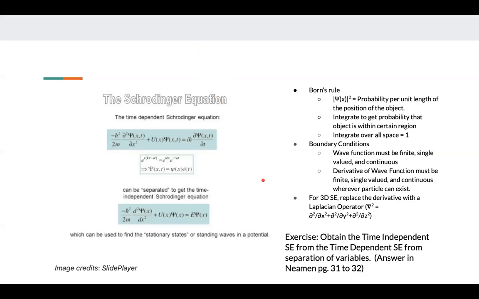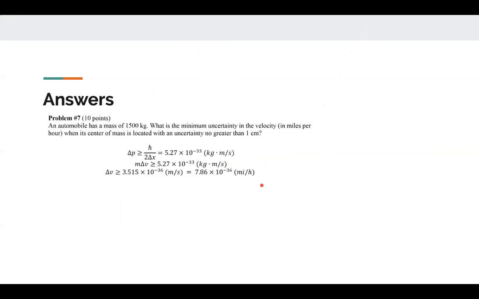There's an all-important equation in quantum mechanics called the Schrodinger equation. Could I show 7 again? Oh, yes. Yeah, h bar is a constant.